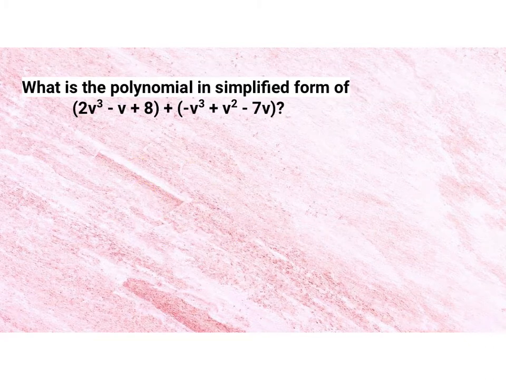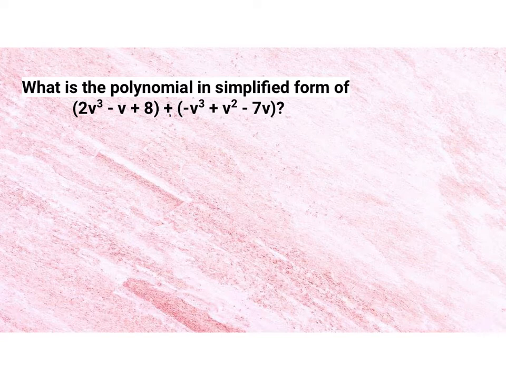Next, what is the polynomial in simplified form of 2v cubed minus v plus 8 plus the opposite of v cubed plus v squared minus 7v? So first order of business is we're going to combine like terms.